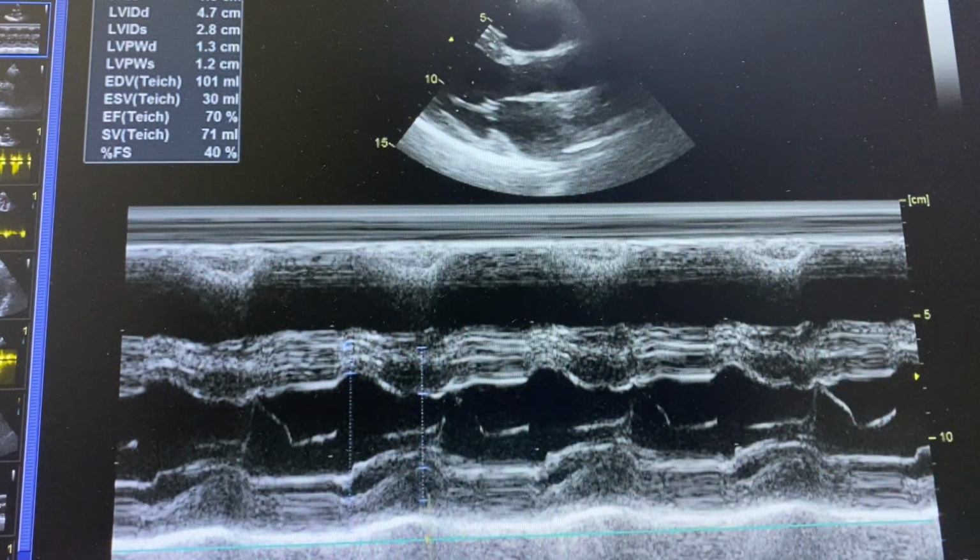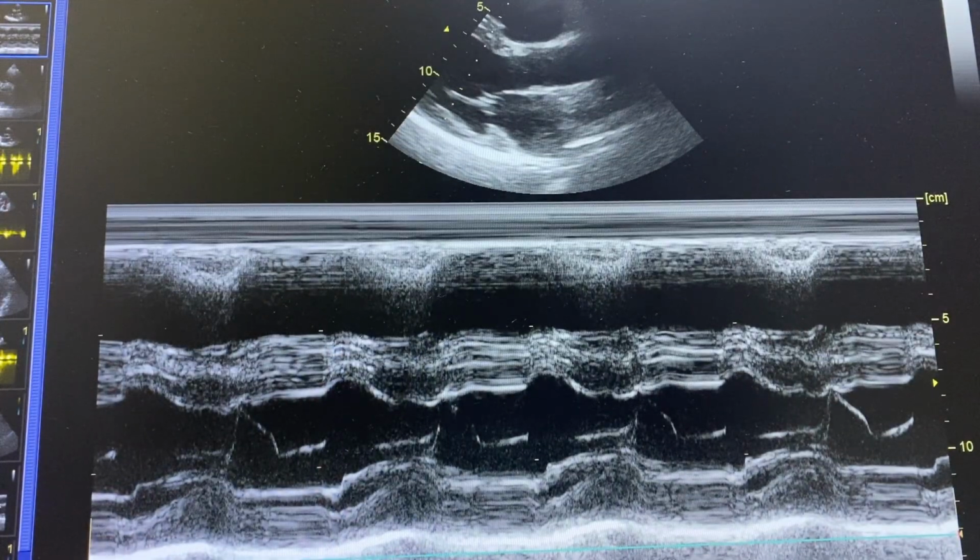I can try to measure it and see, taking everything. This is how big the LVH will be. It is giving 1.6 if I measure everything.